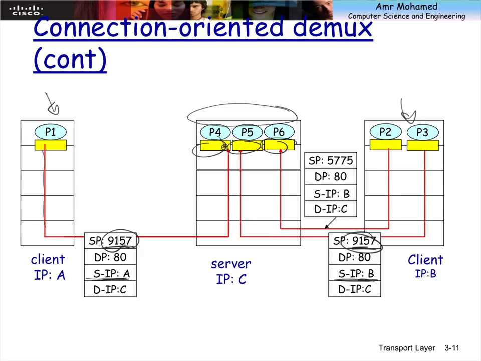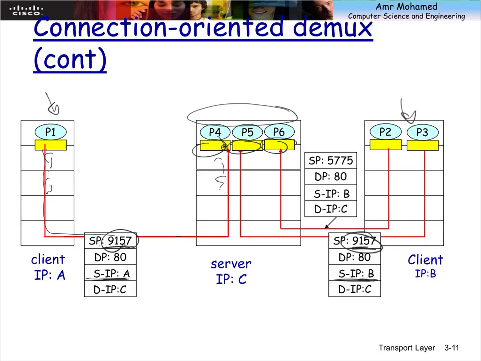Having this logical connection is somewhat beneficial in maintaining the order of these segments. So whenever I send these segments, okay, I make sure that they arrive here in order. Okay?